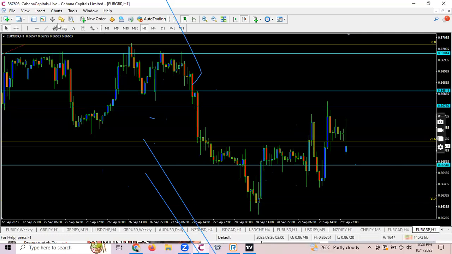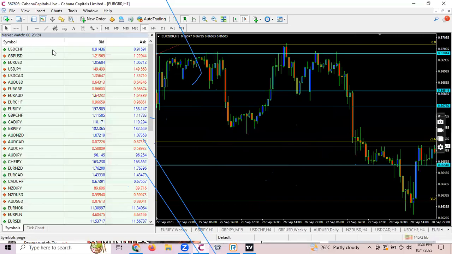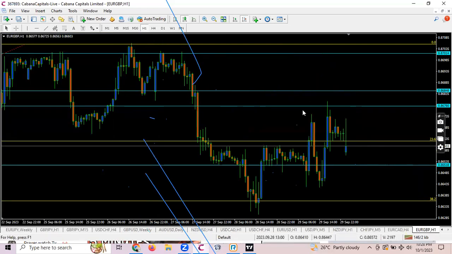I think they are the first on the market watch. The first 6 pairs, right? 1, 2, 3, 4, 5, 6. Then New Zealand USD is the 7th. So the first 6 pairs on the market watch window are major currency pairs, then you have New Zealand USD, which makes 7.